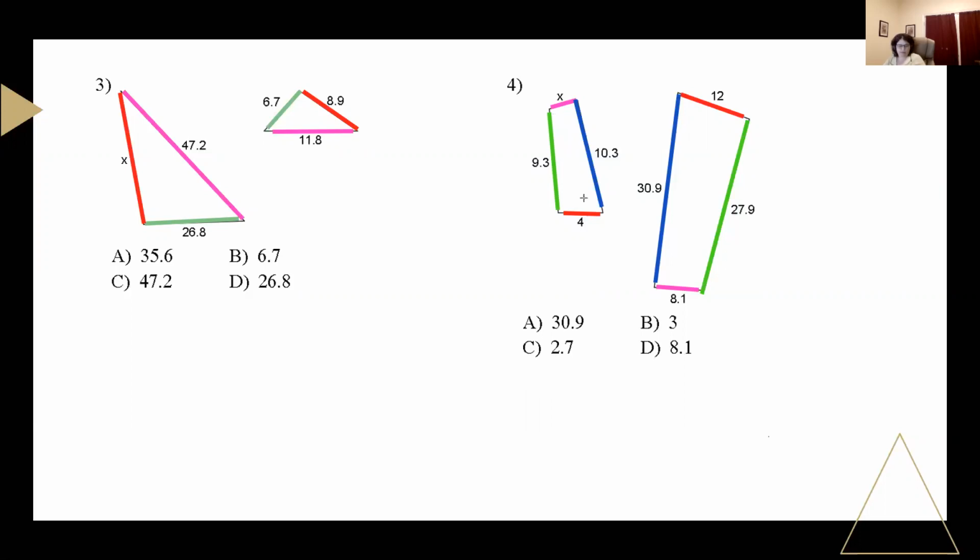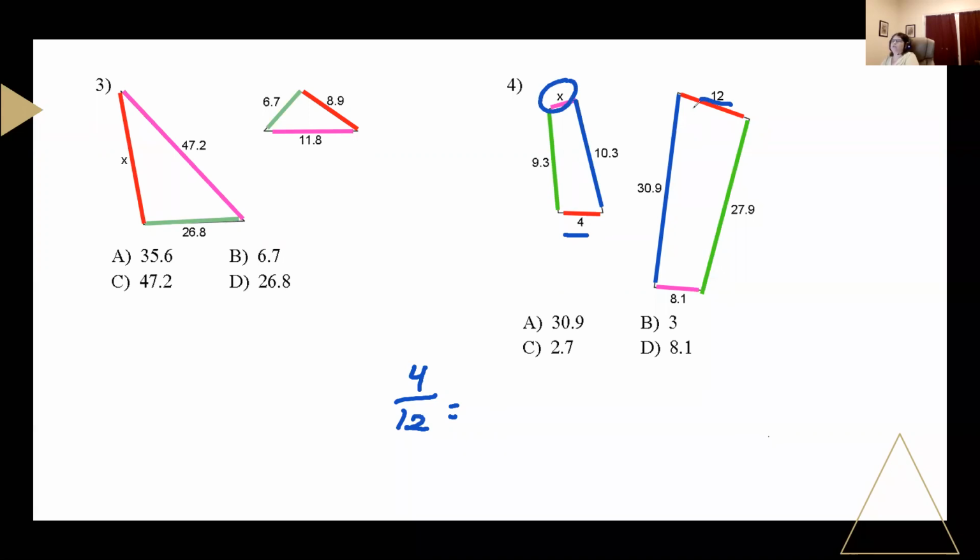So Dorothy, could you tell me how you set yours up? What did your fraction look like for number 4? The fraction I did was 4 over 12 and 9.3 over 27.9. Oh, okay. So all you need is one with the full numbers, and then you need the one that matches with the X. I didn't need to do a different one.